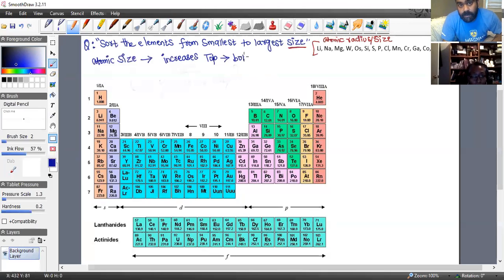That is, as you go down, and then it generally decreases as you go from left to right in the periodic table. This is a general trend. Of course, there are some exceptions which we did not go into.